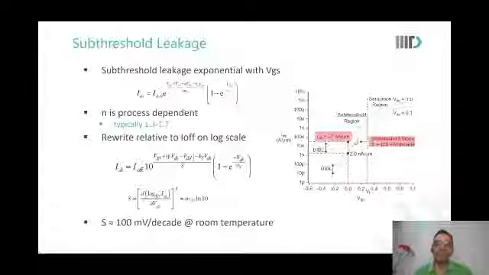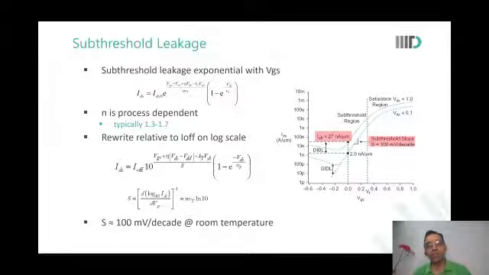We're also saying that it is dependent on temperature by virtue of the component KT by Q. As temperature increases, KT by Q also increases.